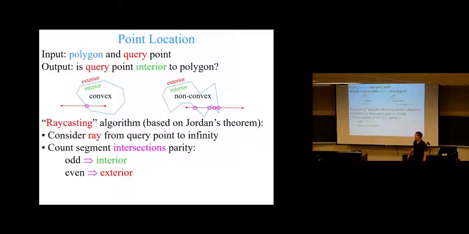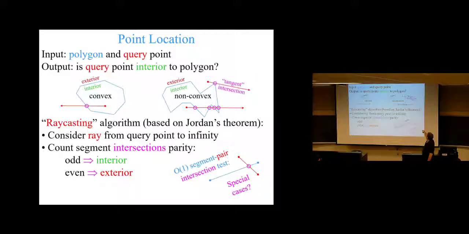Now here comes the few minor exceptions. So here I'm saying that segment pair intersection is constant time, and you can do the ifs, if then else's and so on. Let's say you intersected this way. So technically, it's a tangent, it's not quite an intersection of the interior of a segment of the boundary. You're intersecting two segments of the boundary on their endpoints.